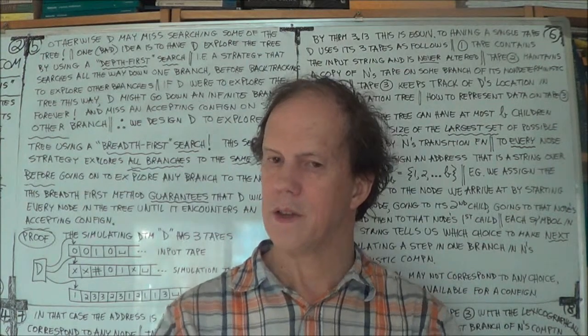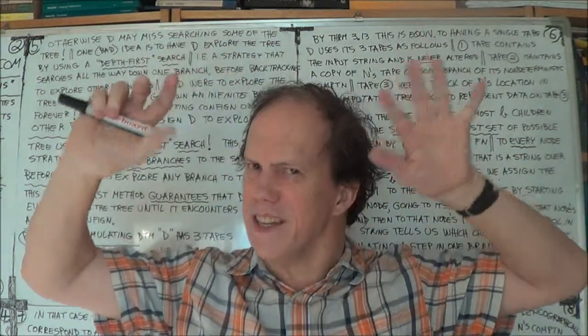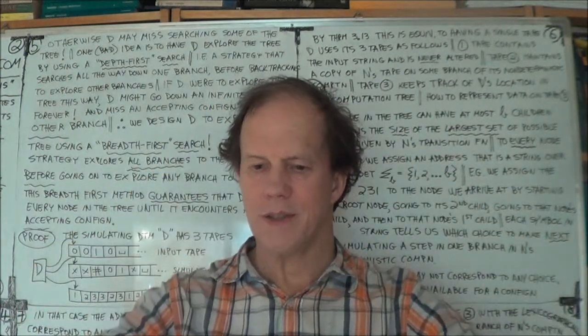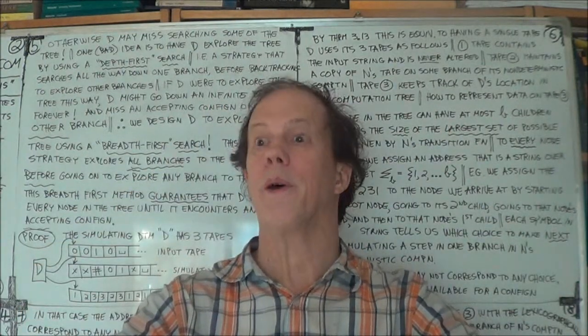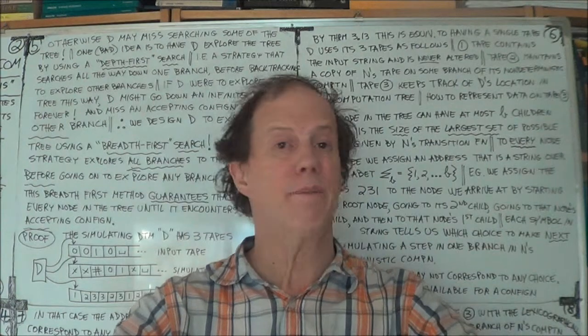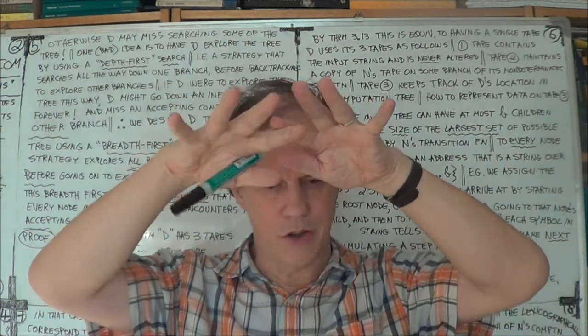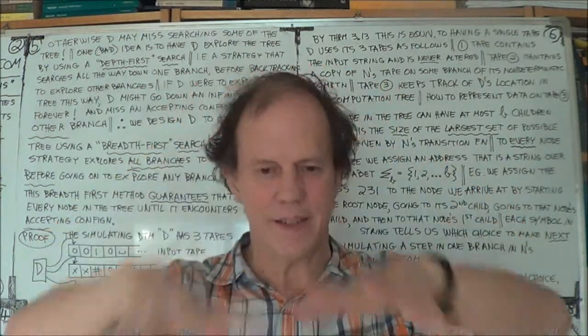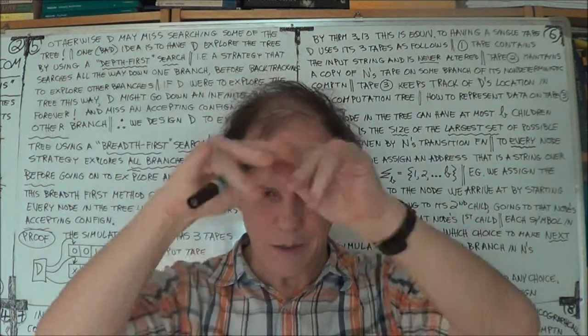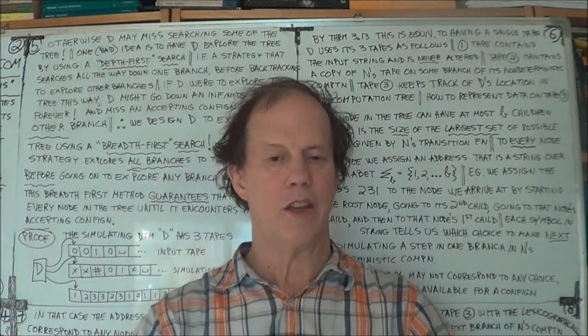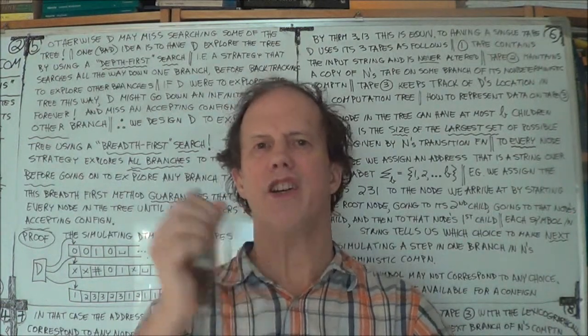So you imagine this pre-existing computational tree that you know exists from the non-deterministic Turing machine. Imagine this N has done its thing. It's created this computational tree. You know what all the configurations are at every node in the tree.